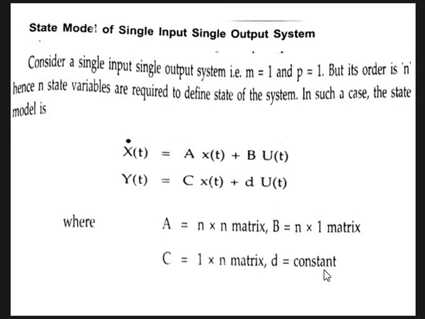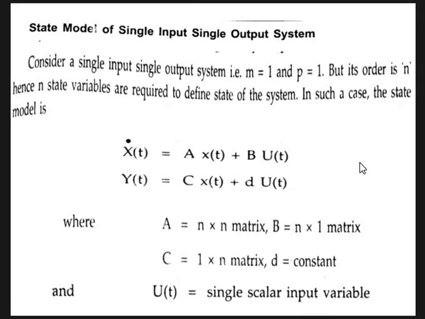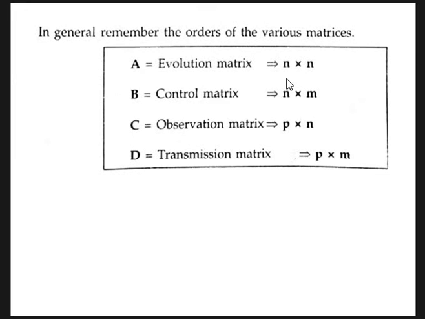So this is the order of the matrices for single input and single output systems. And u of t is a single scalar input variable. Finally, the matrix orders can be represented like this.